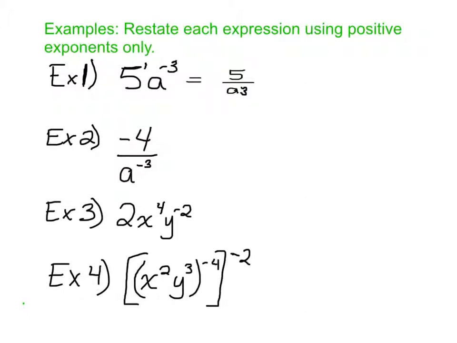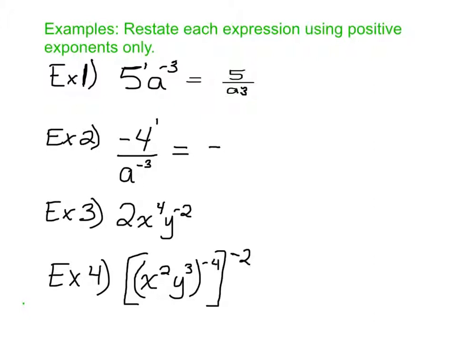The second example is negative 4 over a to the power of negative 3. The negative 4 is a negative number in itself, but we have to look at its exponent. We don't worry if the actual base is negative. The exponent of negative 4 is still a positive 1 because there was no number written there.